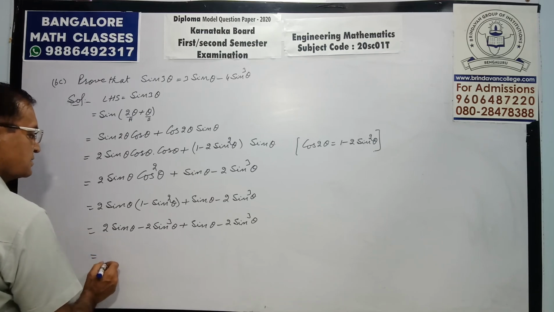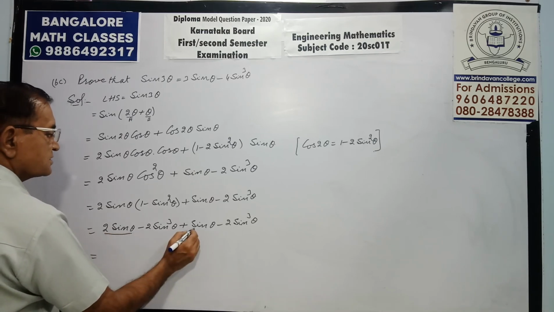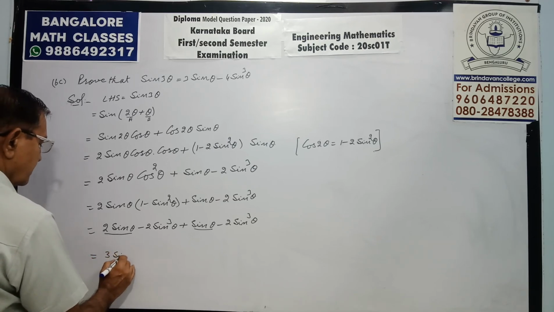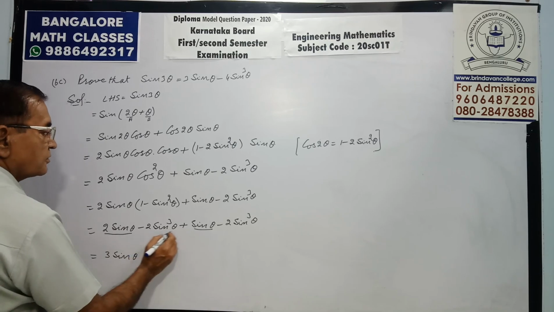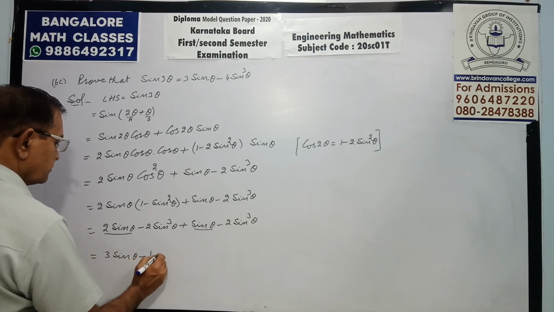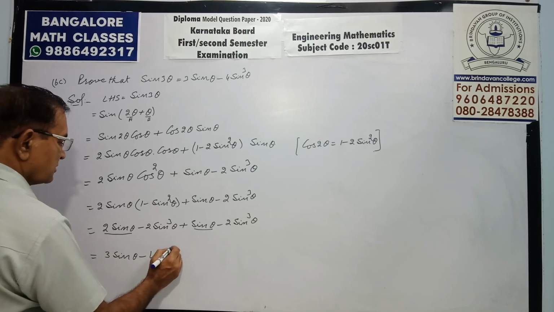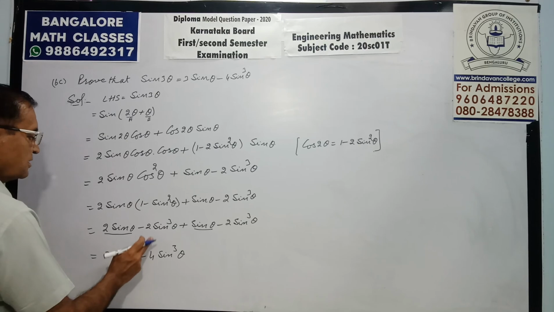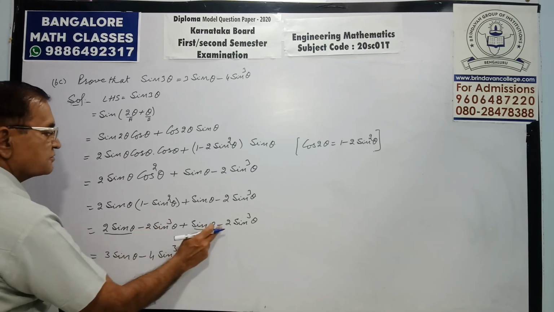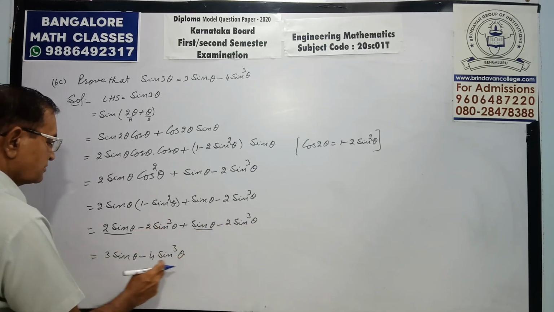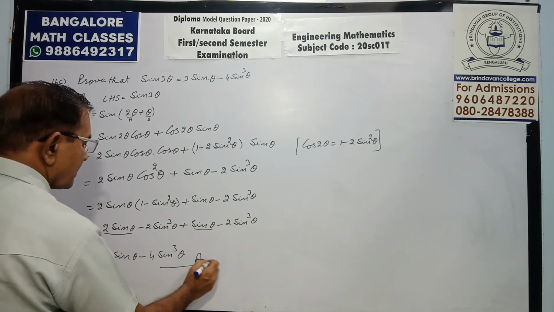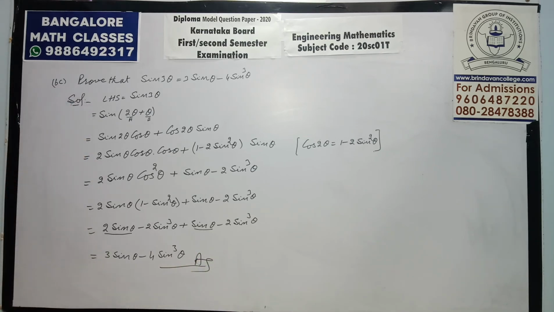So we will get 2 sine theta and sine theta, 3 sine theta, 2 sine cube theta with negative sign and 2 sine cube theta with negative sign, which will give us minus 4 sine cube theta. So that is the identity. Learn it like identity, you may need it.